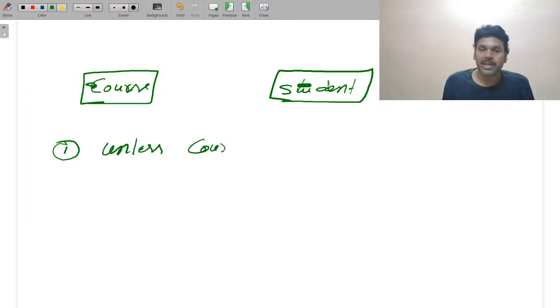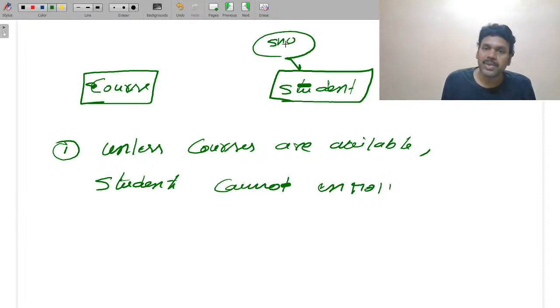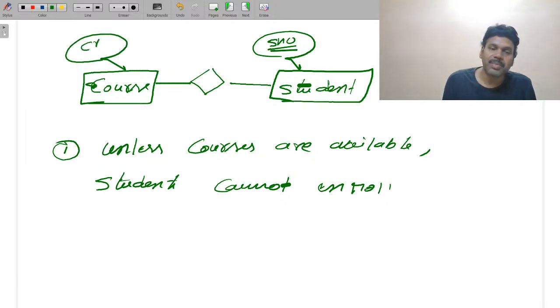Unless courses are available, students cannot enroll. So you're enrolling a student, you need to see in what course or which course you obtain. Therefore, the students have to depend on the corresponding courses.